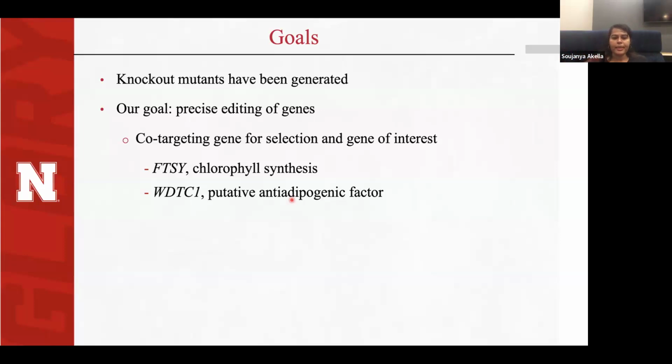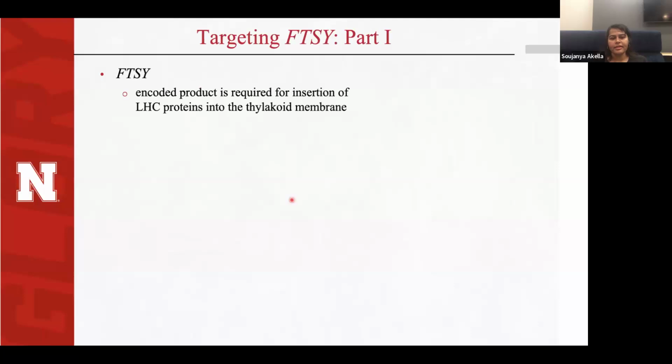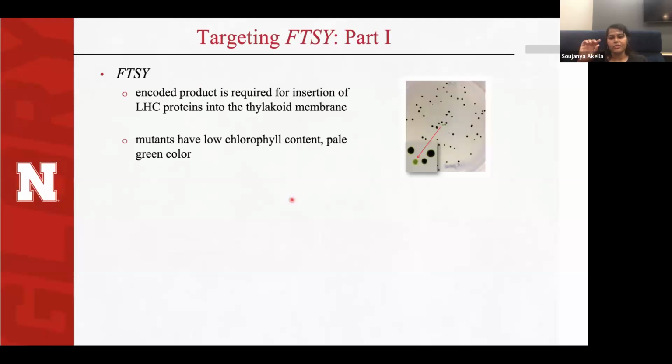And I'll explain why we were interested in the FTSY gene. I think I have it on the next slide. When the gene is disrupted, it's very easy to identify the colonies on plates, because the protein coming from this gene is required for insertion of the light harvesting complex into the thylakoid membrane.